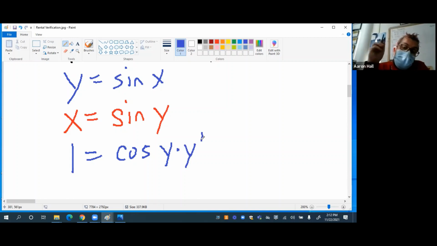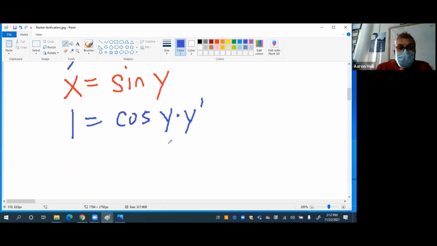So that was implicit. Now let's go ahead and solve for y prime. If I want to solve for y prime, what do I get? Yeah, that gives us y prime equals 1 over cosine of y.